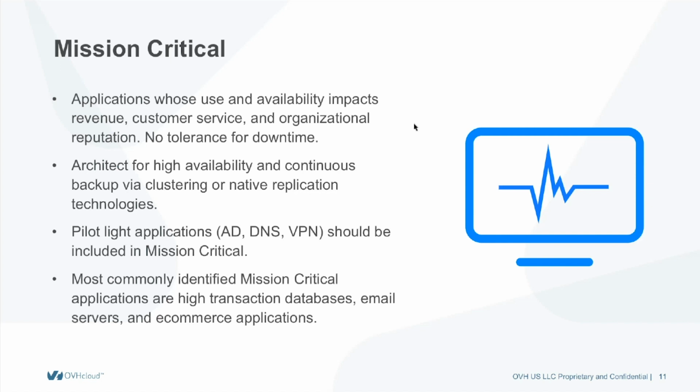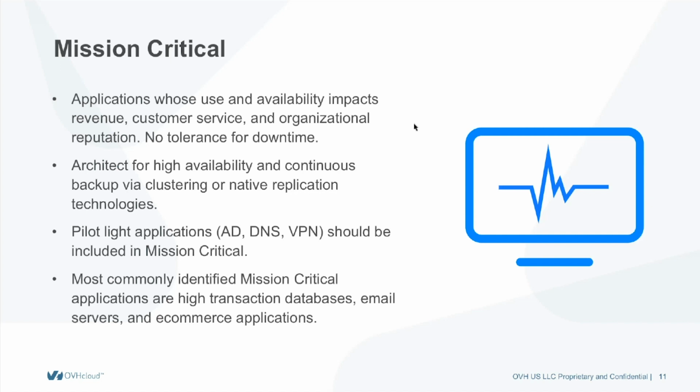Another thing that we see as extremely important in the mission critical tier are pilot light applications. Now what I mean by pilot light applications, these are things that we would call identity services. So Active Directory, domain name services, virtual private networking, these are all here in the mission critical zone because when I bring up the virtual machines that I'm protecting in my business critical and my non-critical zones, they need to know where they are, who they are, and where they go to be accessed.